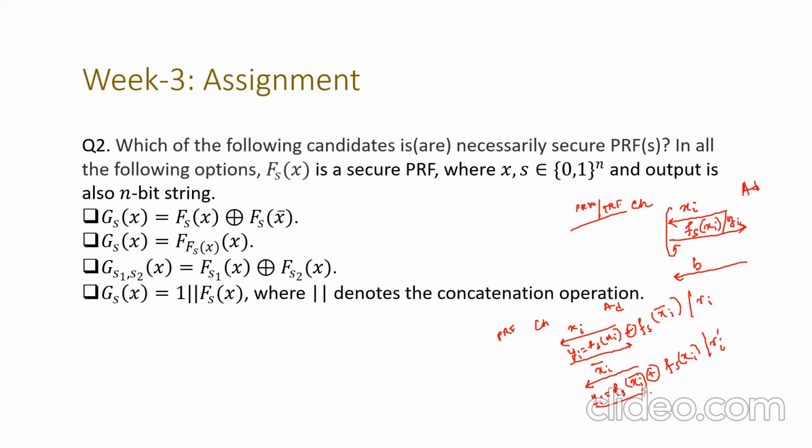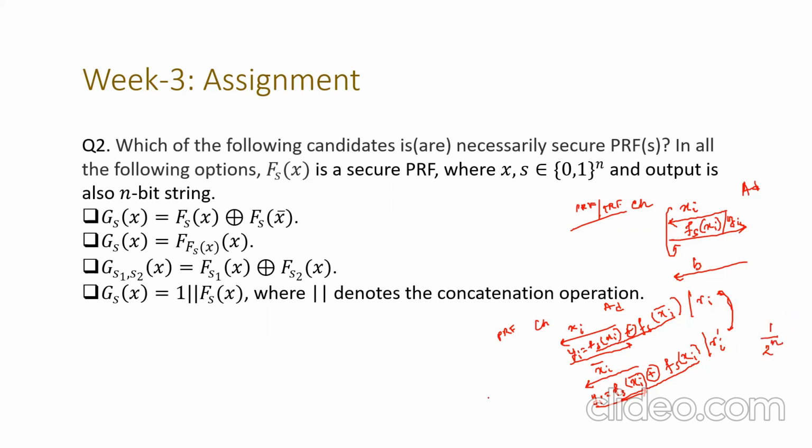Now see that if it is interacting with a PRF, then always with probability 1, these two values will be exactly the same. And if it is a truly random function output, then these two values will be the same with some negligible probability. That is, let's say the output has bit length n, then two n-bit length strings being exactly equal has probability 1/2 to the power n.